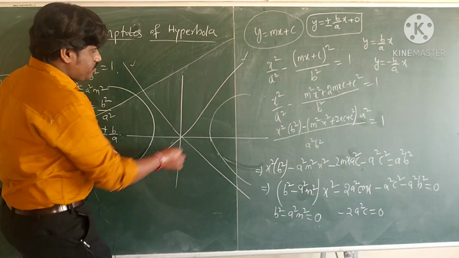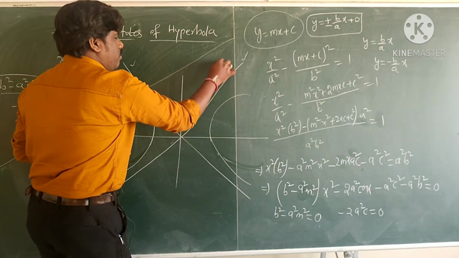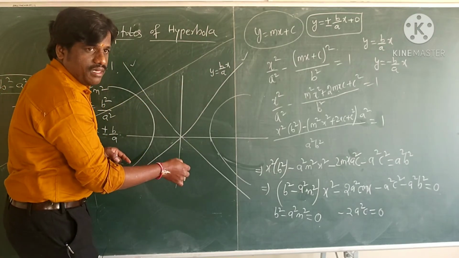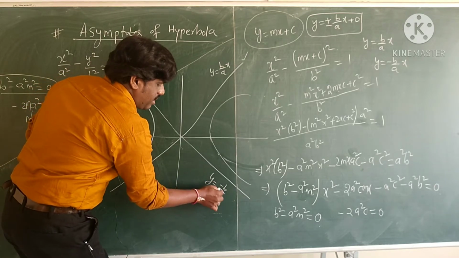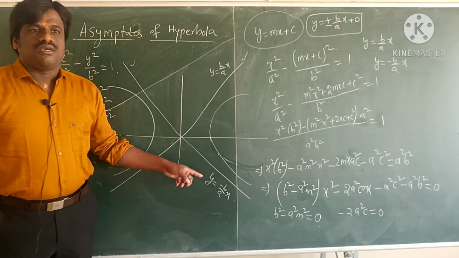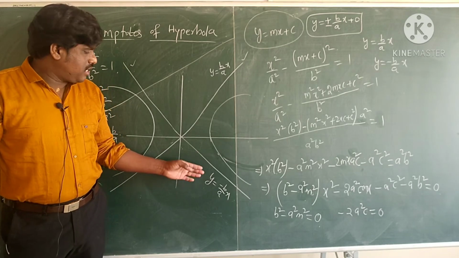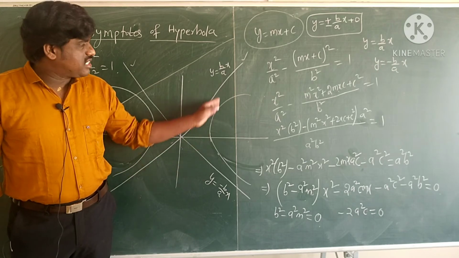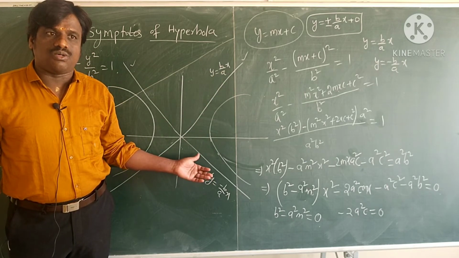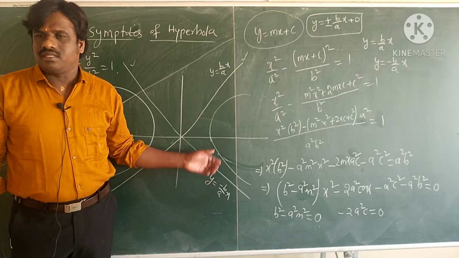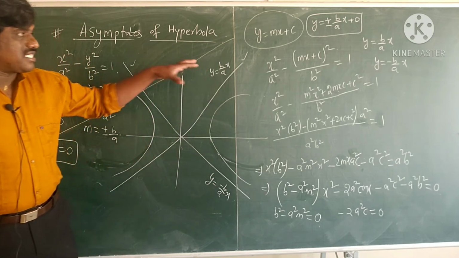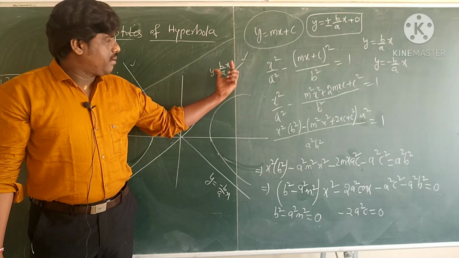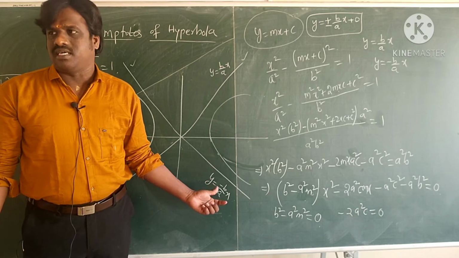Remember this is y is equal to b by a into x, this is the asymptote, and this will be y is equal to minus b by a into x, because the line is passing through the origin in the fourth quadrant and the second quadrant, so this will be negative. This is the y is equal to mx form, this is y is equal to minus mx. m will be negative here, this will be positive. So you got the asymptote values: this is the equation y is equal to b by a into x, and this is y is equal to minus b by a into x.